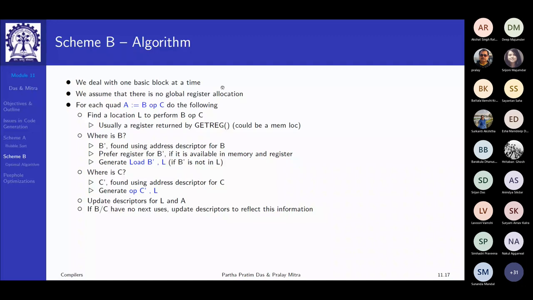Let us see how we go about doing this. A is assigned B operator C, which is a generic form of any instruction. Now, we will need to find a location where this result of B operator C will be.